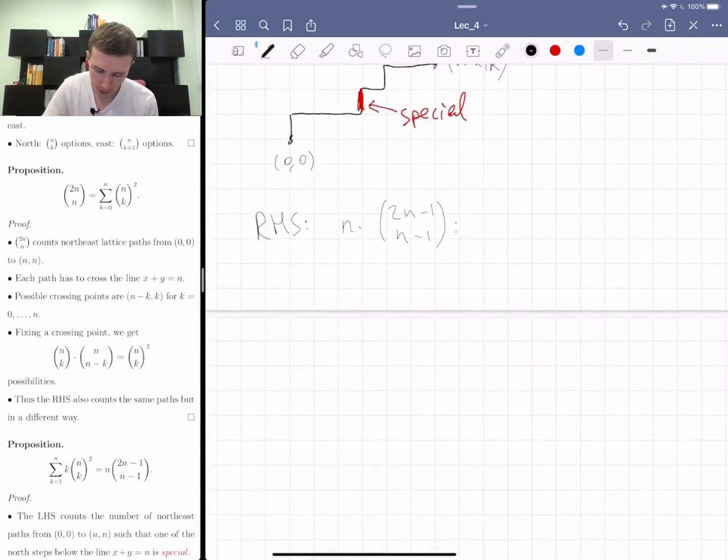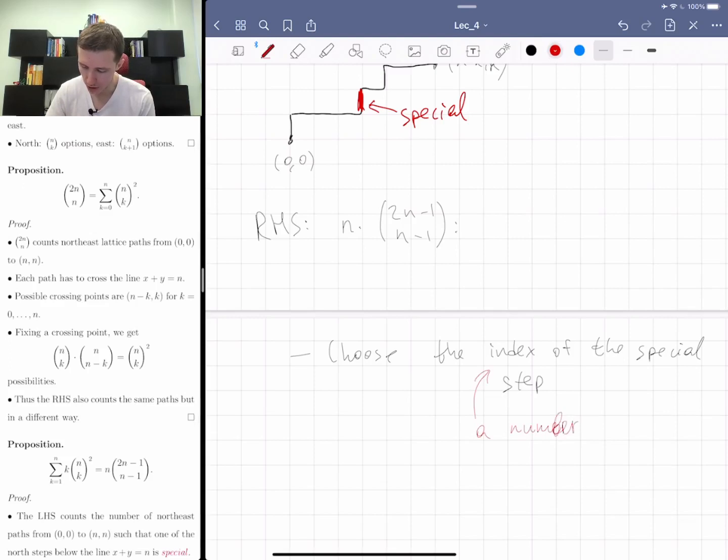So what you do is you first choose the index of the special step. The index is just a number between 1 and n.